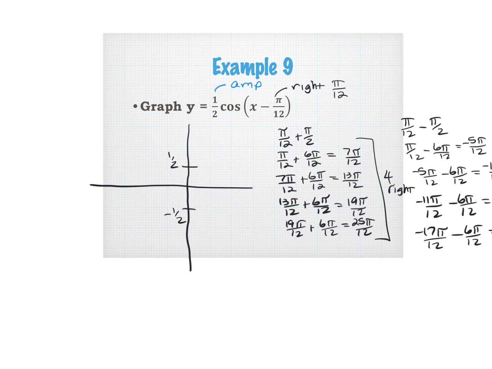I'm going to put my starting point, which is this pi over 12. And again, I'm spacing it 90 degrees apart. And let me put them a little closer.